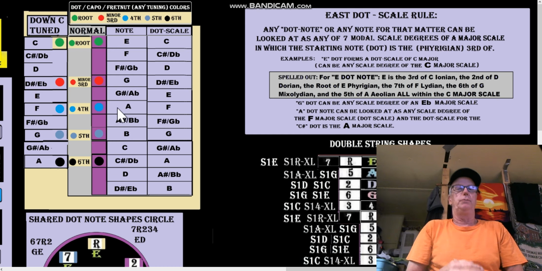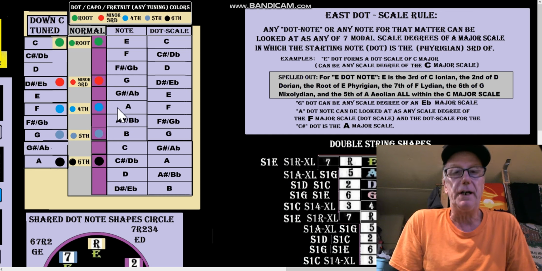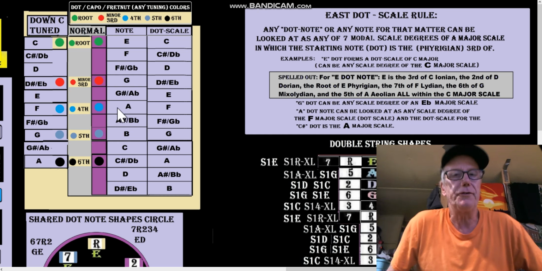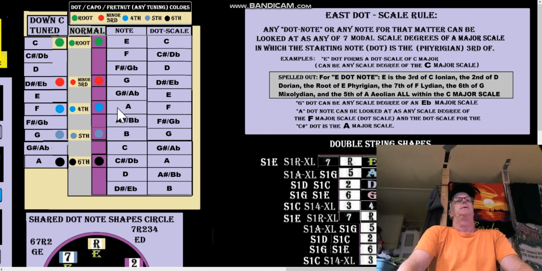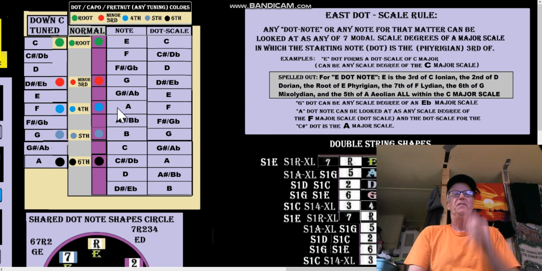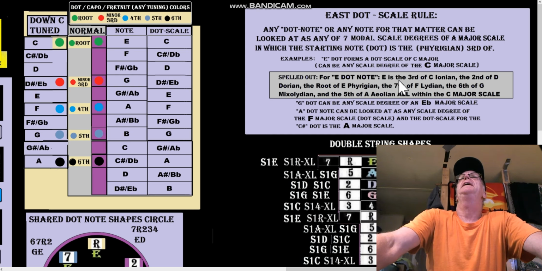You take a note, a dot, whatever it is, whatever note or dot it is, and you go 2 whole steps down from there. Okay, and then you form a major scale. So for the E dot note, E is the 3rd of C, Ionian. Okay.